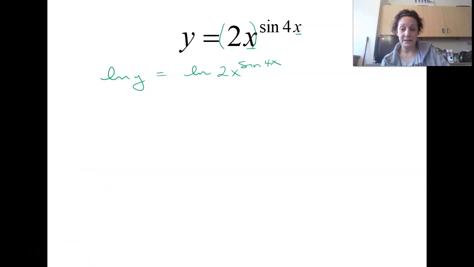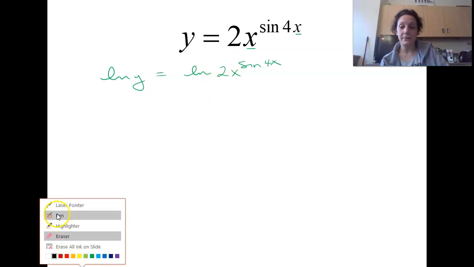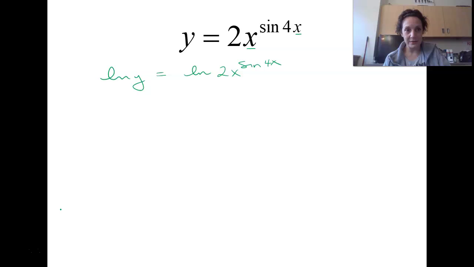There aren't parentheses there, which means that sine 4x is an exponent for x, and only x. Which means that you cannot immediately take this sine 4x and multiply it down, because if you do that, you're applying it to the 2 as well. You're saying this was the exponent to both the 2 and the x, therefore I'm multiplying it down out front.